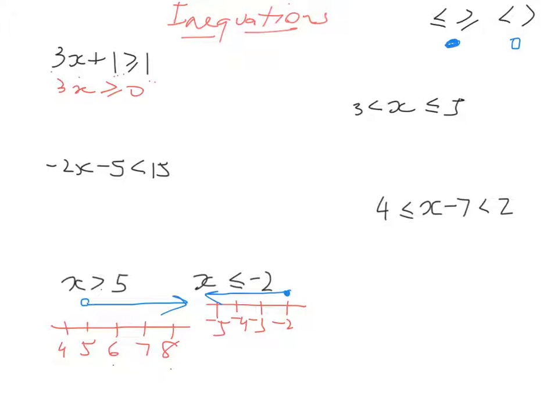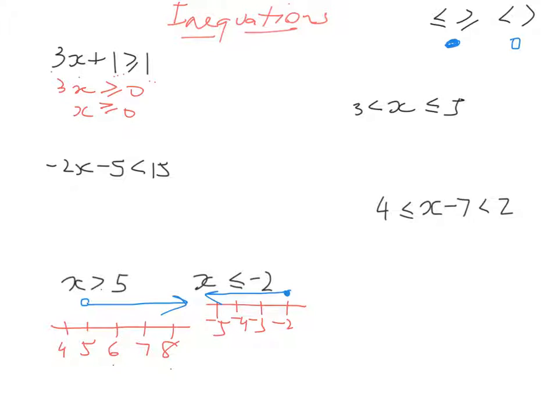From there, 3 times some number is greater than or equal to 0, so that number has got to be greater than or equal to 0. Because as soon as it's greater than 0, for example, if it is 1, or 2, or a third, whatever the case may be, it's going to be greater than or equal to 1. So x has to be greater than or equal to 0.